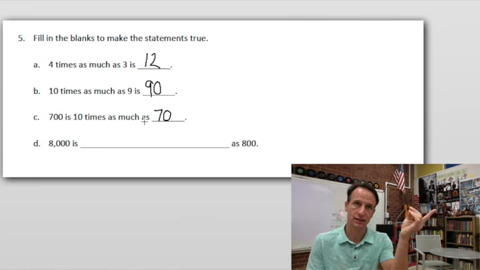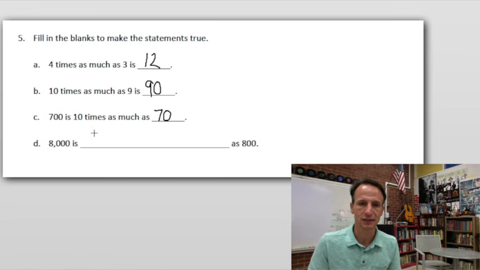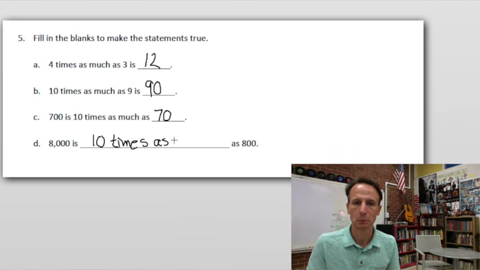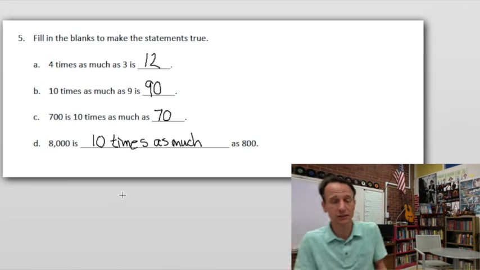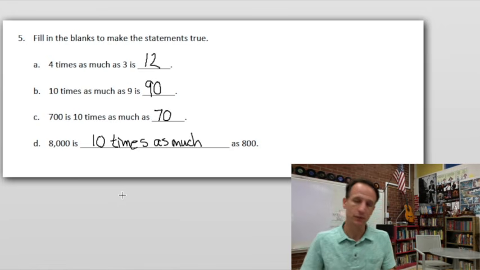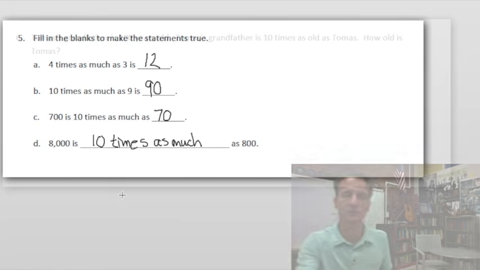To get to 8,000s, you'd have to do times 10. So 8,000 is 10 times as much as 800. Does that not make sense? Yes, indeed, it does. I told you it was a little easier. We're going to wrap it up with number 6 yet. All right, let's go on.